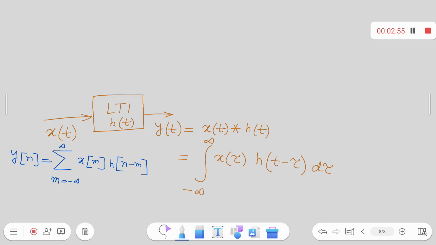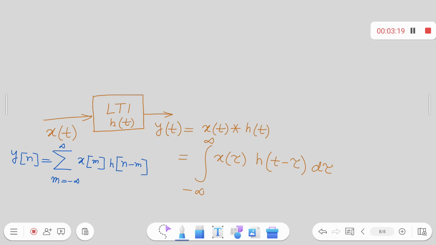But what is the speciality of convolution in the case of signals and systems? When we deal with an LTI system, linear time invariant system, linearity is a combination of additivity and homogeneity, and then there is time invariance. All these three properties are embedded in the LTI system.